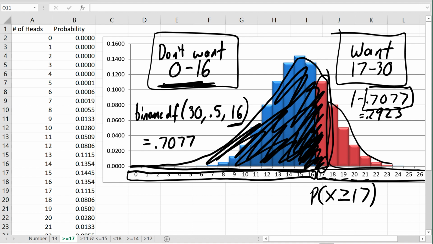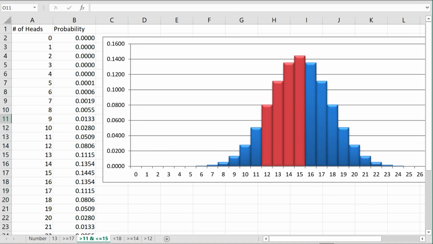All right. Let's do another example. This one between two numbers. On this one, we want to find the probability that 11 is less than x, which is less than or equal to 15.